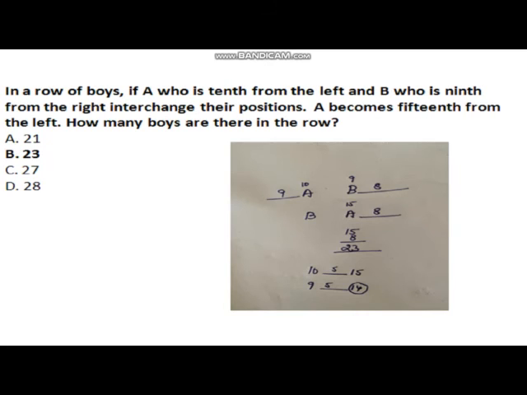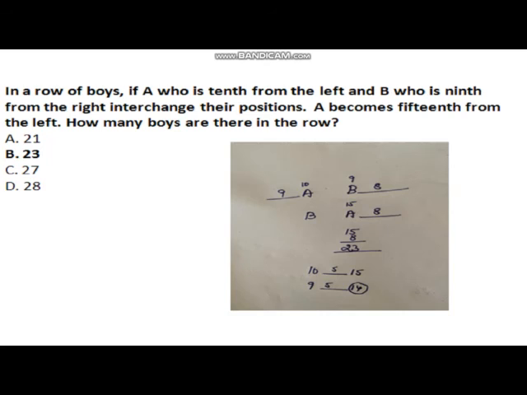In a row of boys, A is 10th from the left, which means 9 positions before him, and B is 9th from the right, so 8 persons after him. They interchange their positions. A becomes 15th from the left. So A's position changed from 10 to 15, 5 positions. Obviously B also changes 5 positions, so the new position of B will be 14.